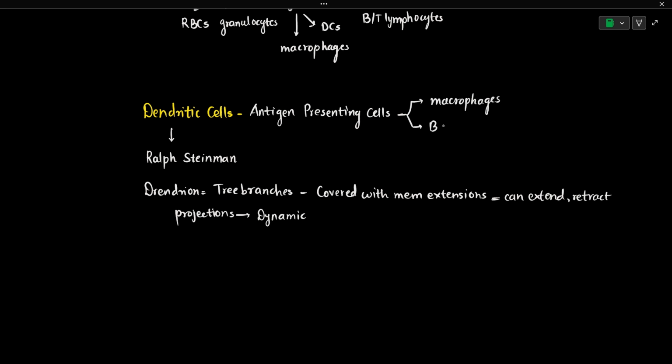Both of them are antigen presenting cells. So alongside macrophages and B cells, dendritic cells also do this job. The main cells that do this job are the dendritic cells, and that is why they are also known as master antigen presenting cells. They belong to both myeloid and lymphoid lineage. And as they do this job of presenting antigen, they are also known as patrolling cars.